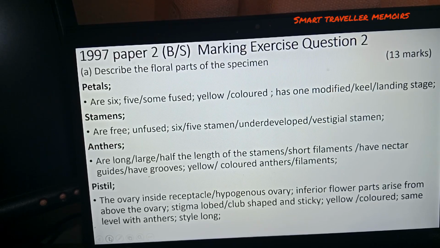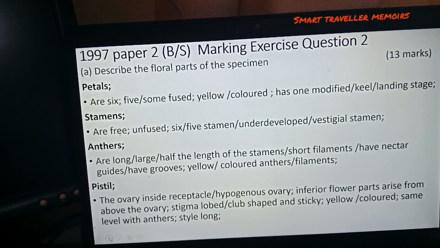In question 2, where you had been given the flower, describe the floral parts of the specimen. Petals are 6 or 5, some fused, or free. Yellow or orange, has 1 modified keel or rounding stage.